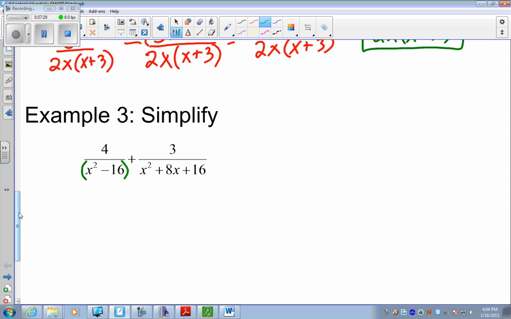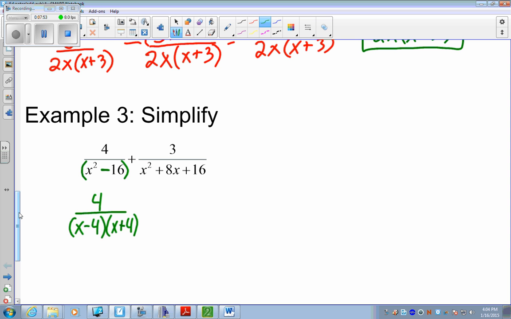But last unit we studied factoring. And this is a perfect square binomial. So we can factor the denominator into subtraction in between, so it's x minus 4 and x plus 4. Perfect square binomials only work when there's a subtraction in between the terms.